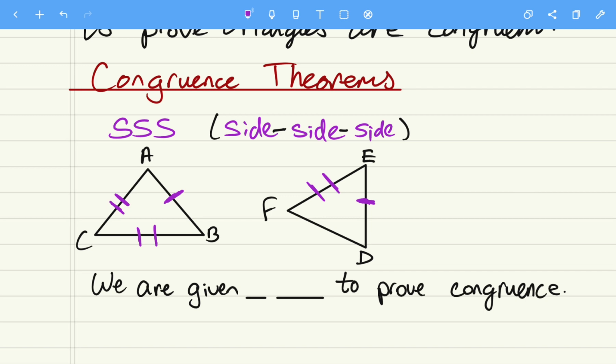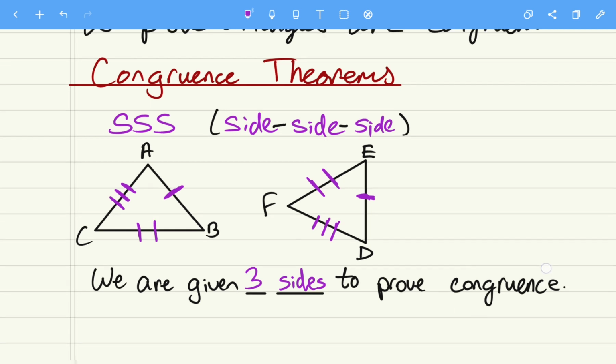And last but not least, we have 3 ticks over here. Means those sides are congruent. So the number of ticks groups the sides up by congruency. So if we are given 3 sides, that's enough information to prove the triangles are congruent. So SSS.